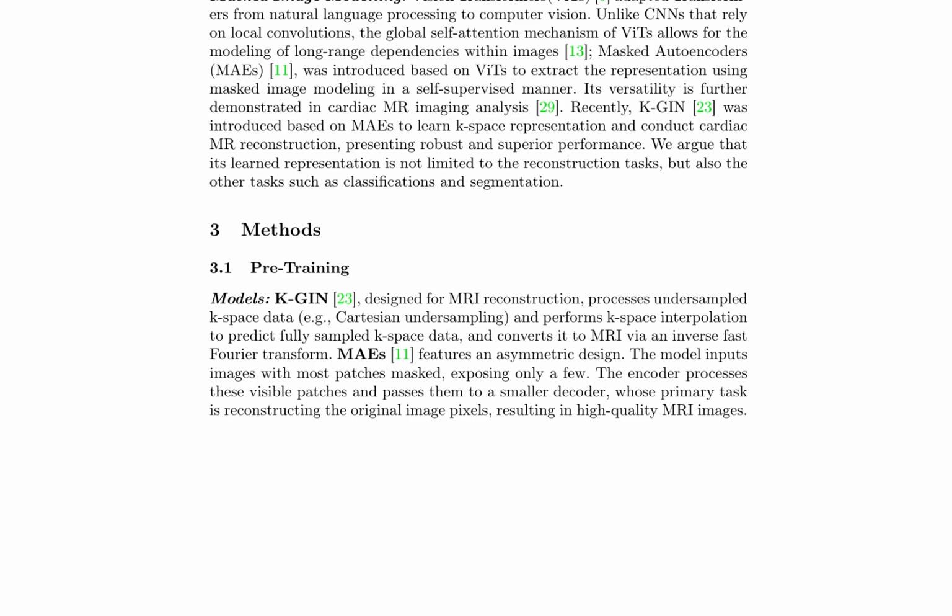KGIN, a K-space representation learning method, was developed based on MAEs to learn K-space representation and conduct cardiac MR reconstruction. KGIN presents robust and superior performance, leveraging its pre-training method that involves processing undersampled K-space data and performing K-space interpolation to predict fully sampled K-space data, which is then converted to MRI via an inverse fast Fourier transform.